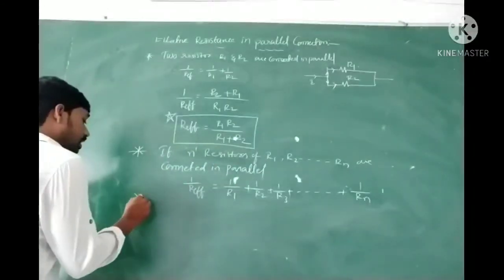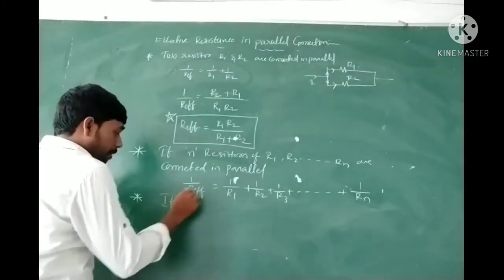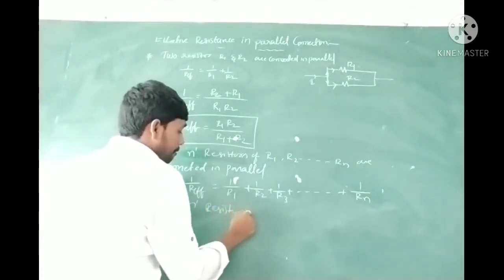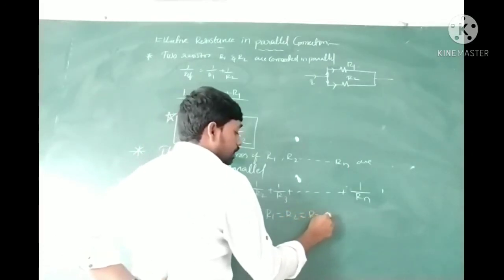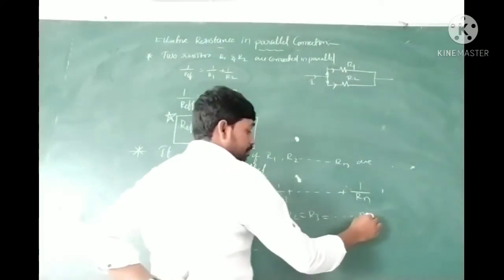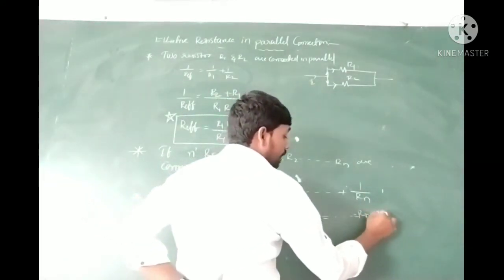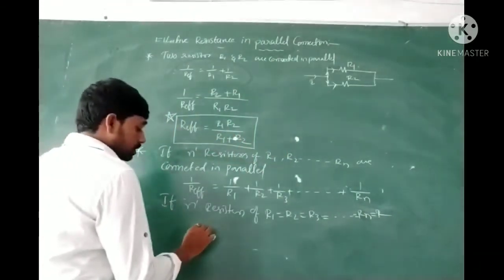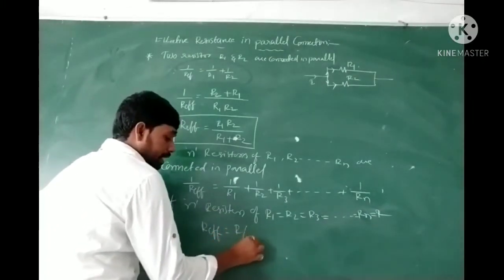In the same way, if n resistors R1 is equal to R2 is equal to R3 and so on up to Rn, all are equal, then the effective resistance is directly R effective is equal to R by n.